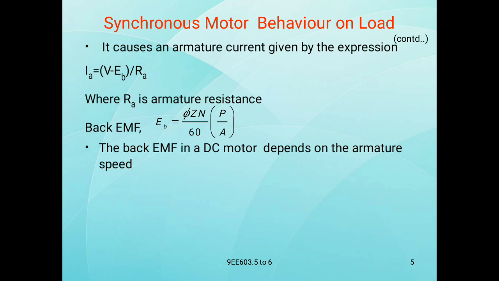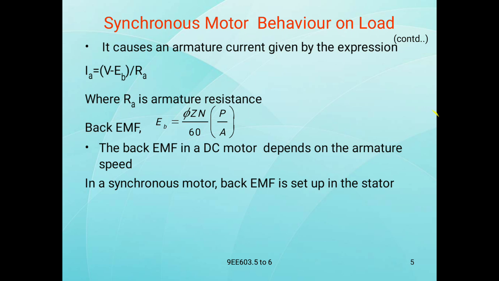Now the back EMF in a DC motor depends on the armature speed. Here N is the speed, so Eb is proportional to N. Now in a synchronous motor, the back EMF is set up in the stator.